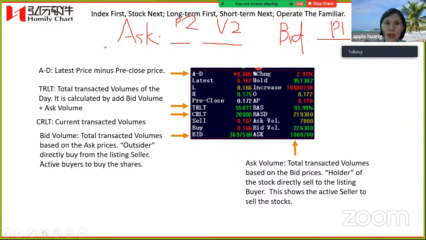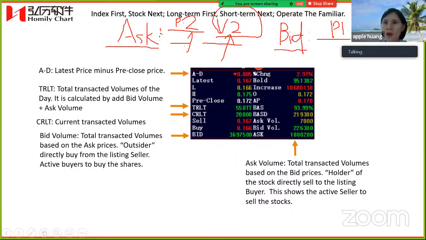So the ask is people waiting to sell at this price, and how many volumes are waiting to be offered.